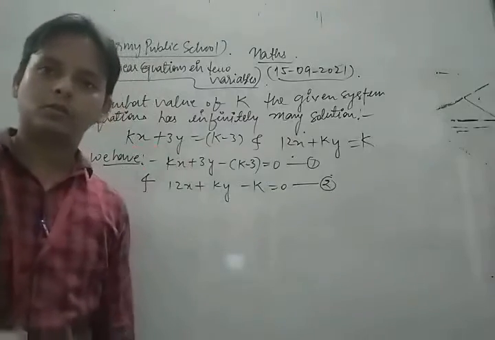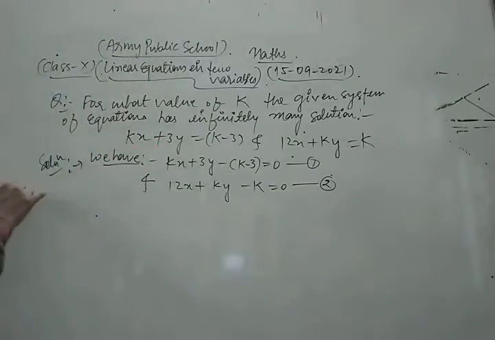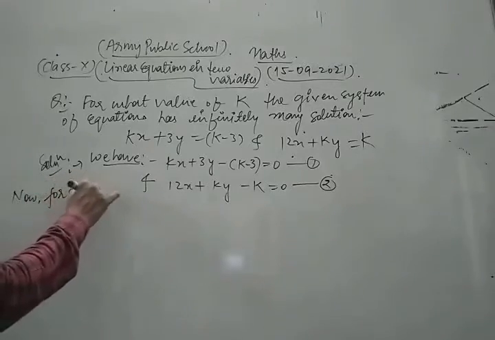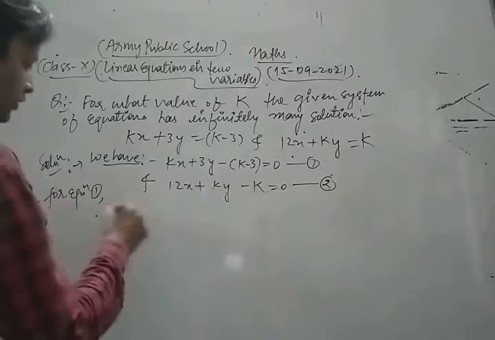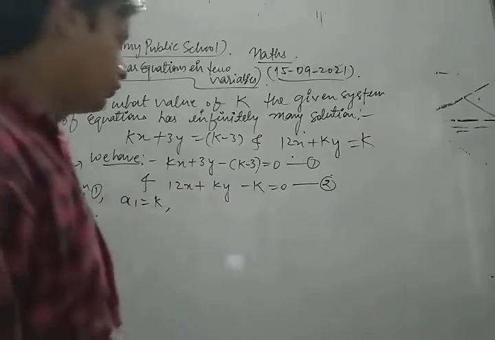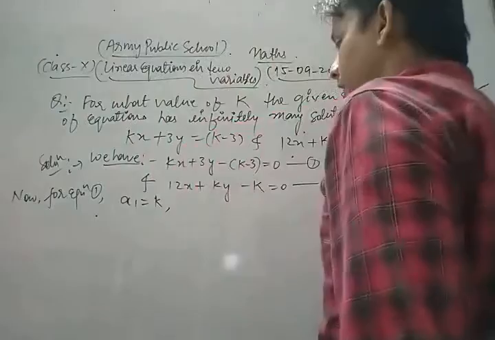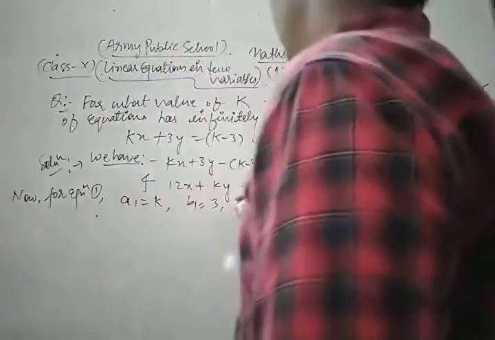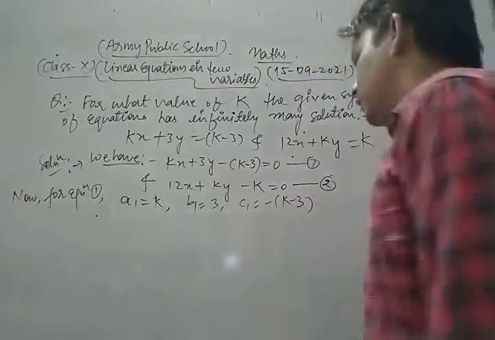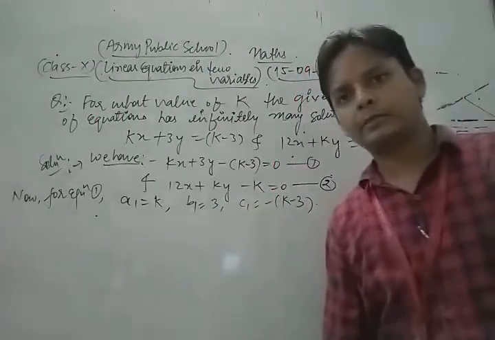Now, for equation 1, the value of a1 is k, the value of b1 is 3, and the value of c1 is minus k minus 3.